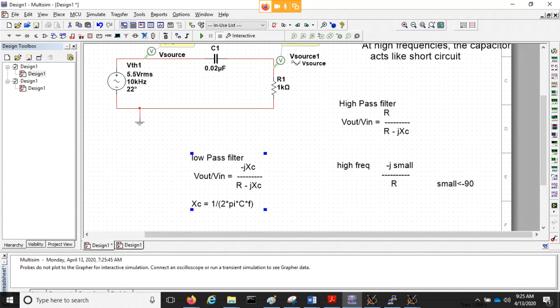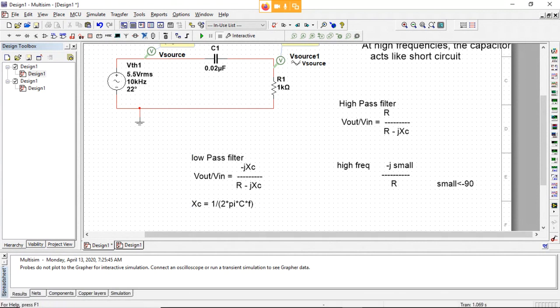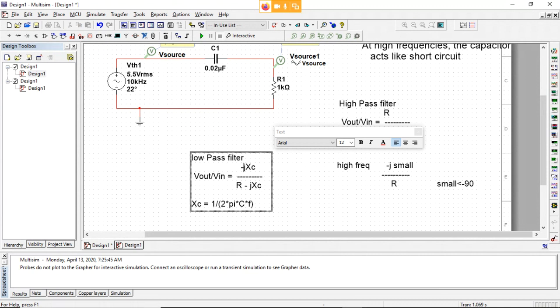And so we look at this and say, well, at high frequency and low frequency. At low frequency, X of C is really small. So this is small and this is small.